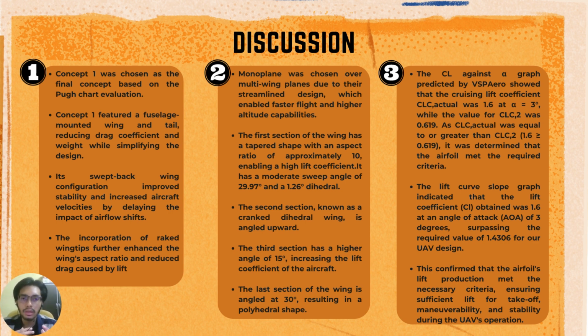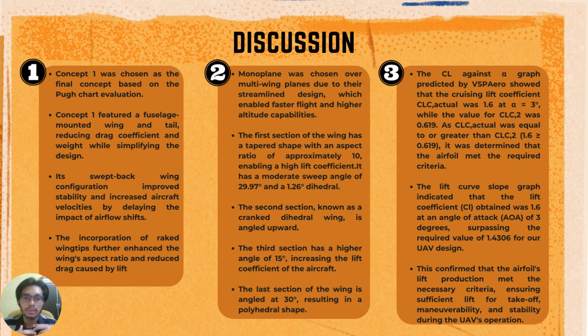The CL against angle of attack graph predicted by VSP Aero showed the lift coefficient was 1.6 at an angle of attack of 3 degrees, while the value of CLC2 was 0.619. As CLC actual was equal to or greater than CLC2, it was determined that the airfoil met the requirement criteria.